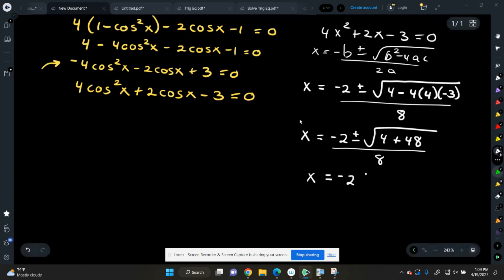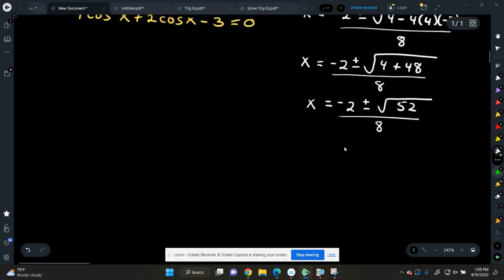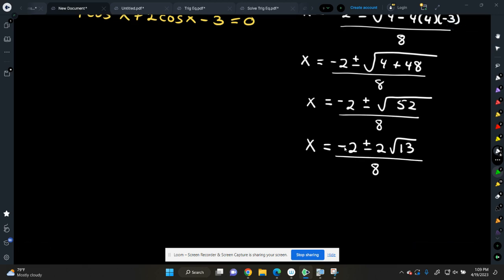So we get -2 plus or minus the square root of 52 over 8. And let's see, 52 is 4 times 13. So this ends up being x equals -2 plus or minus 2 root 13 over 8. Let me just check my work. All right, and then this will simplify.